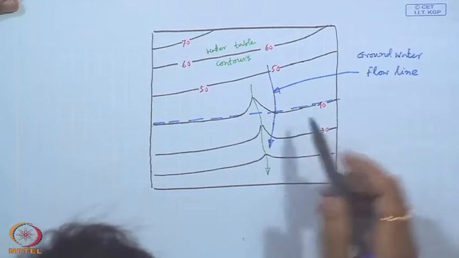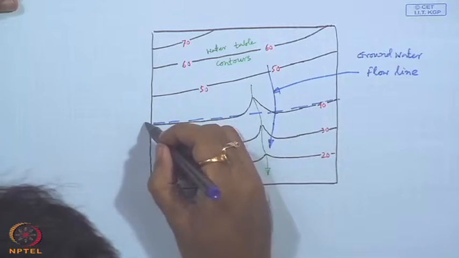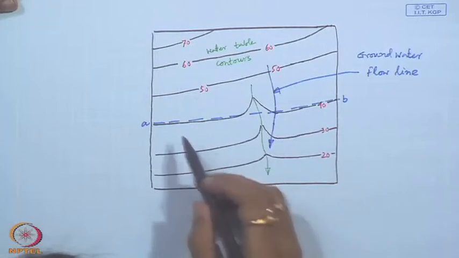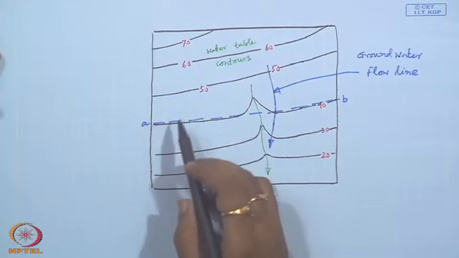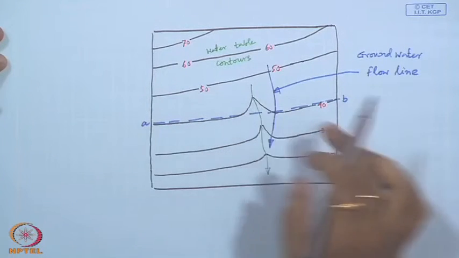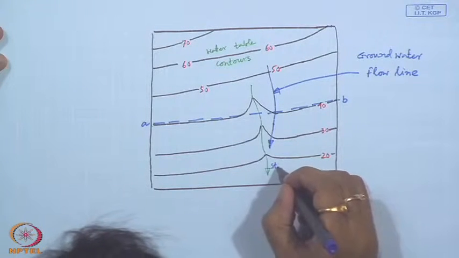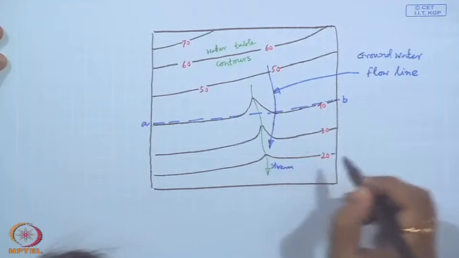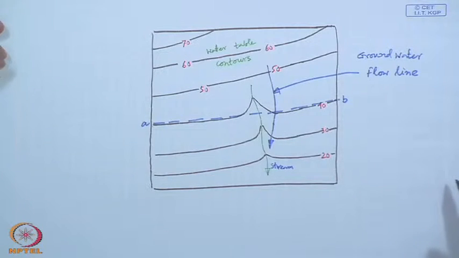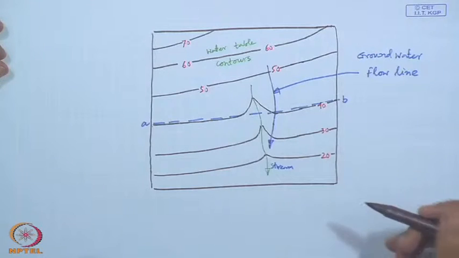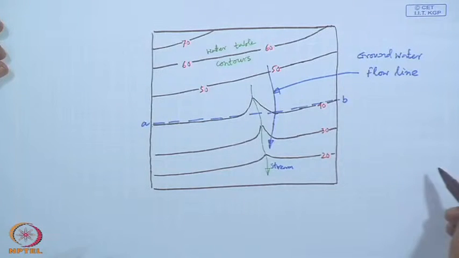In this case, let us say we have 2 points A and B. Starting from A, if we move towards this stream, then we will find that there is deviation and this contour is pointing towards the upstream direction.